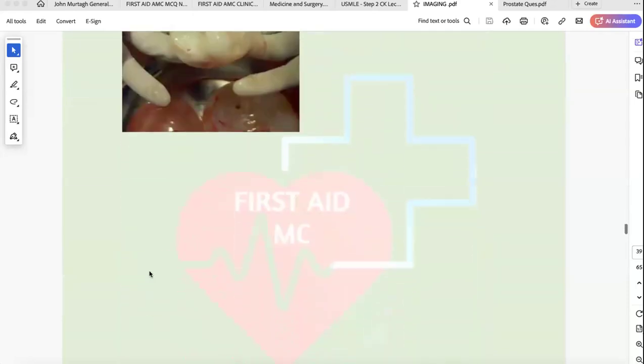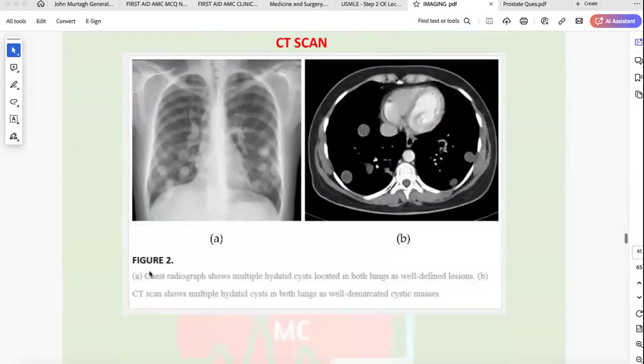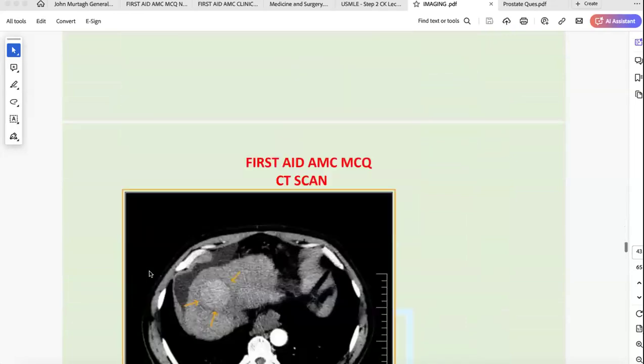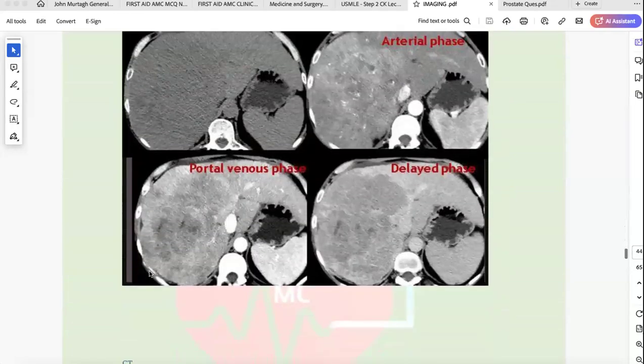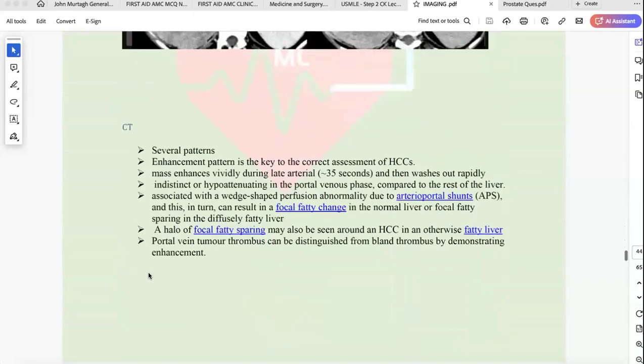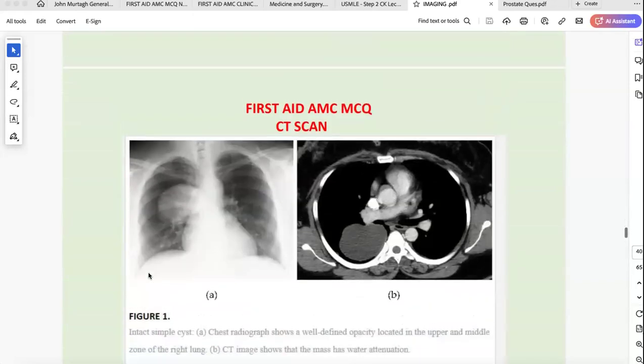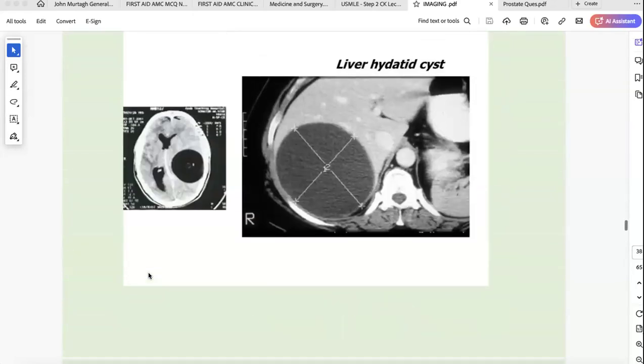But the best way to diagnose a hydatid cyst is like, let's see if we have got the picture. Nope. There was a good picture to show you.